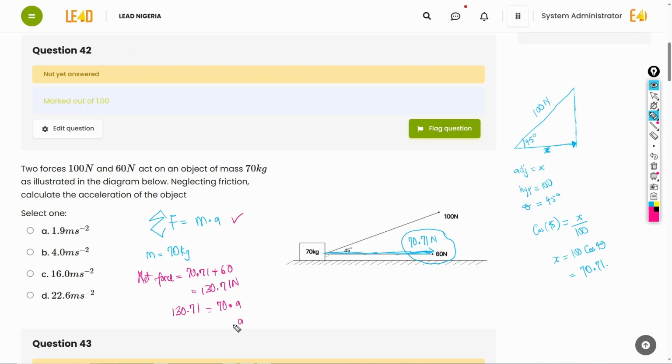So acceleration will be 130.71 divided by 70.